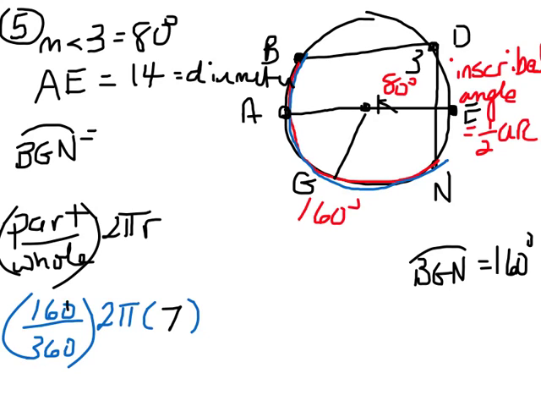I'm going to cut the zeros off the 160 and the 360, and then it's easy to reduce this because 4 goes into 16 4 times, and 4 goes into 36 9 times, right? On the top, I have a 4, a 2, a pi, and a 7, and on the bottom, I have a 9. Is there anything else I could reduce out of that before I put it together?